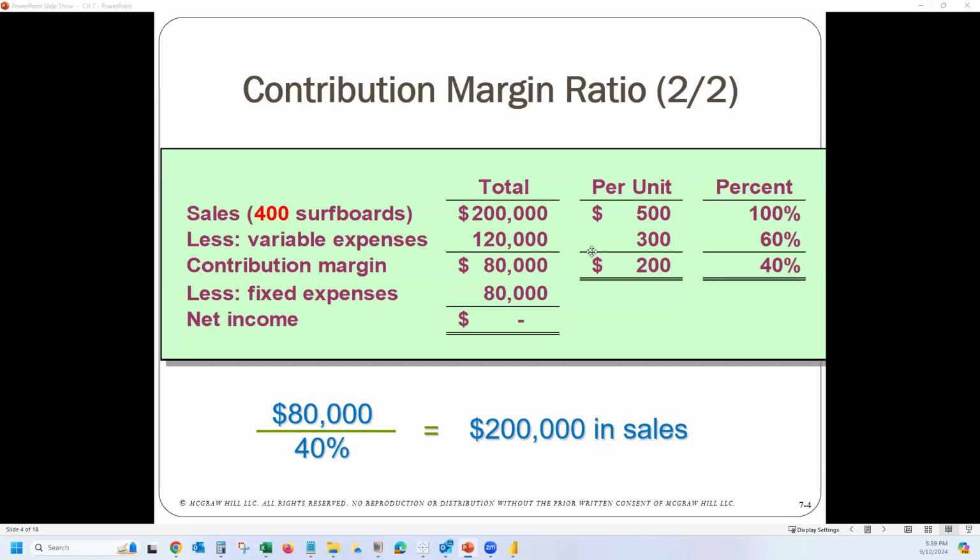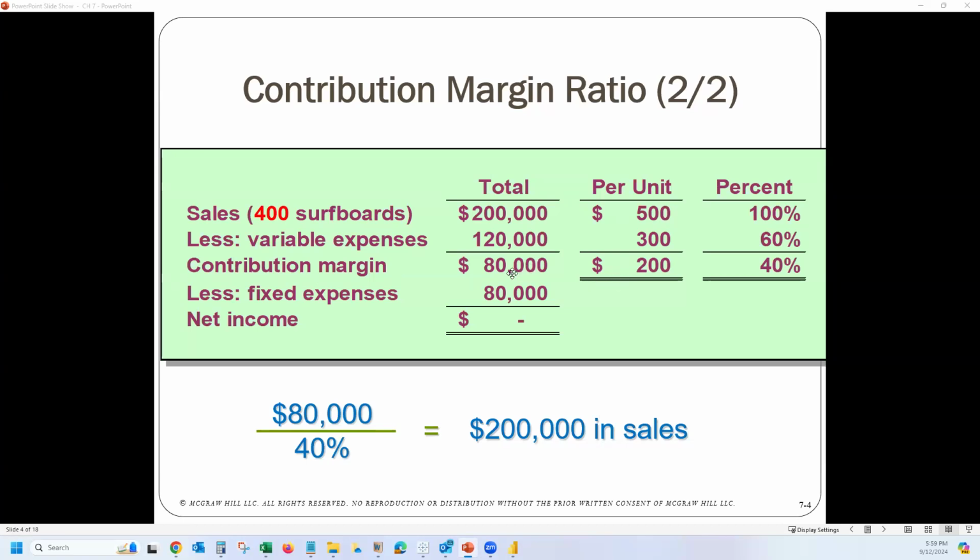And then the variable expenses is $300 per unit. $300 per unit multiplied by the 400 softboards that was sold is going to give you $120,000 as the total cost for the variable cost. And then the fixed cost is fixed.